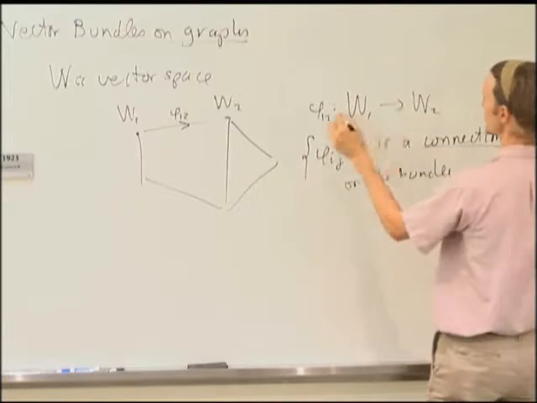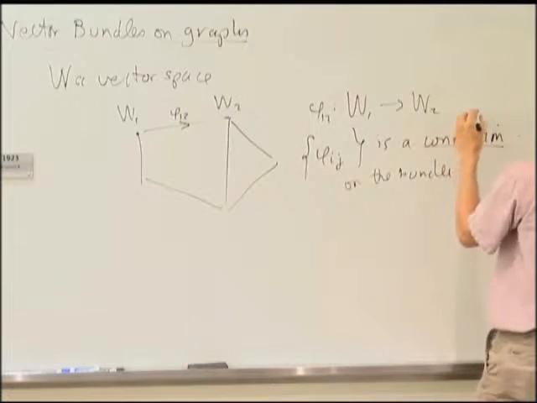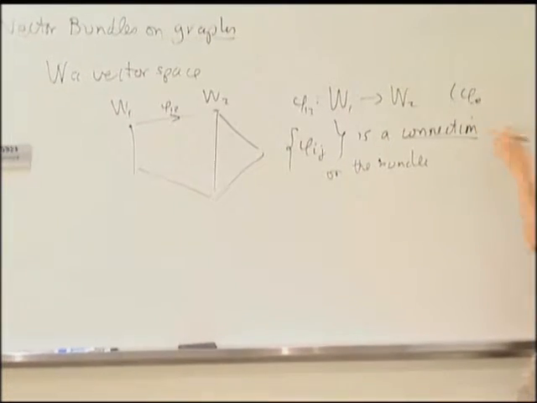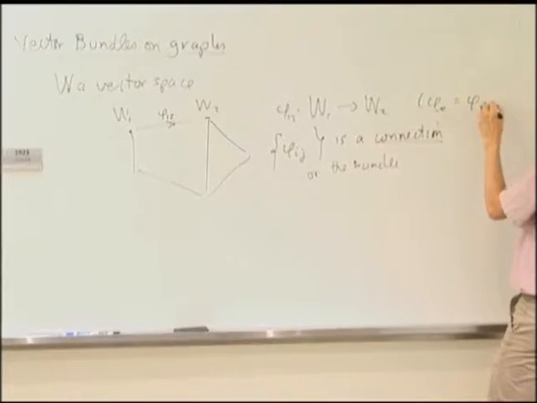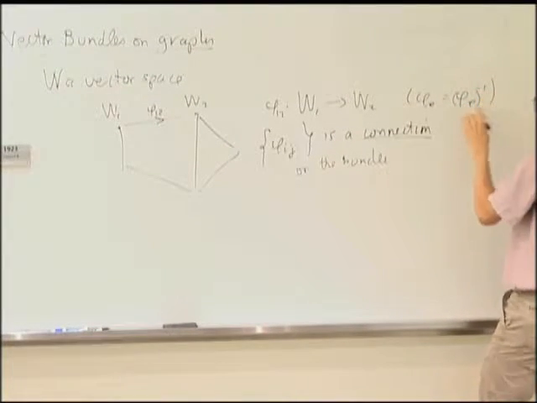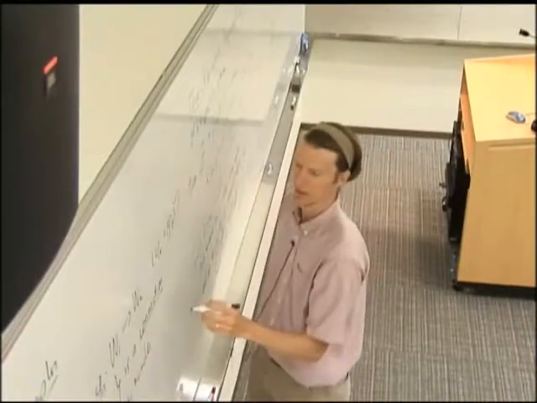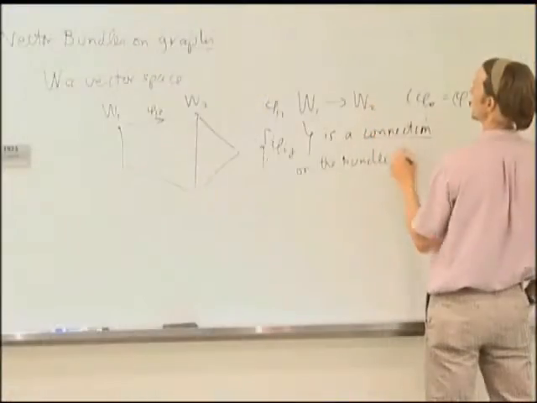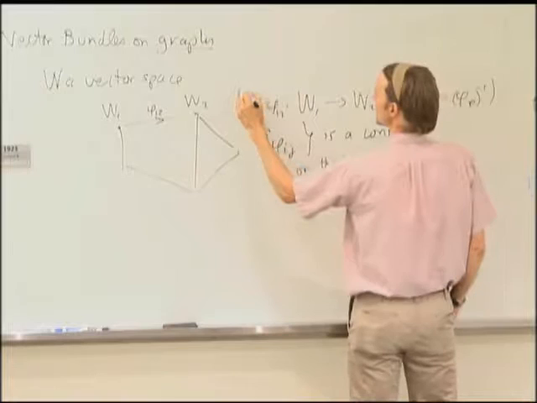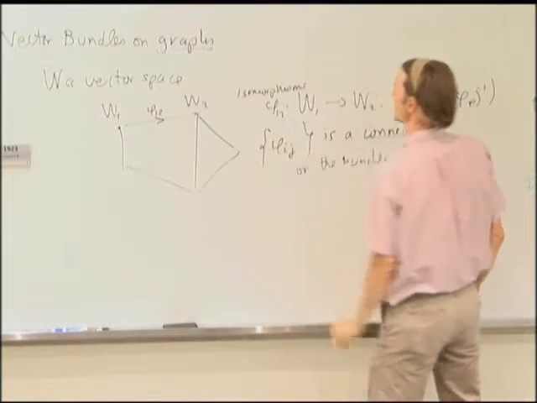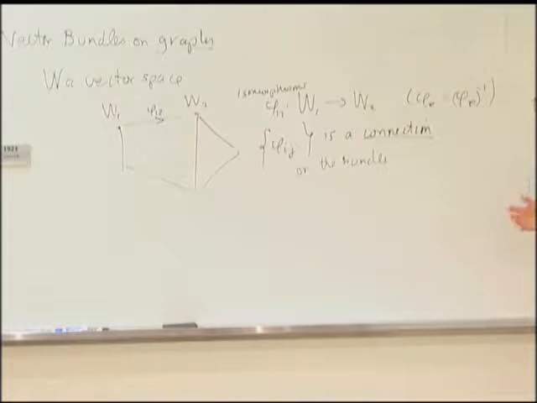I said that in words, but I didn't say that if I do the edge in the reverse direction, it's the same as the inverse of the isomorphism in the forward direction. So that's called a connection on the bundle.